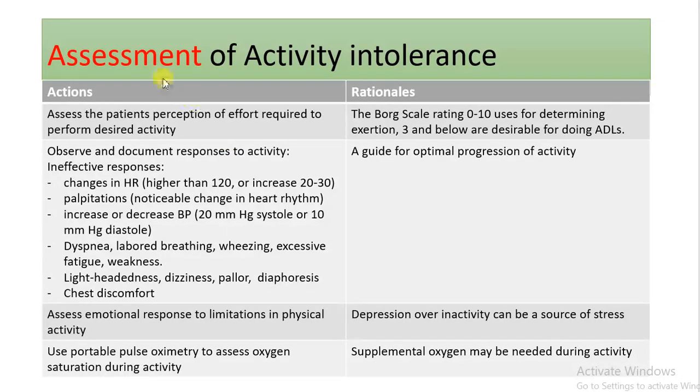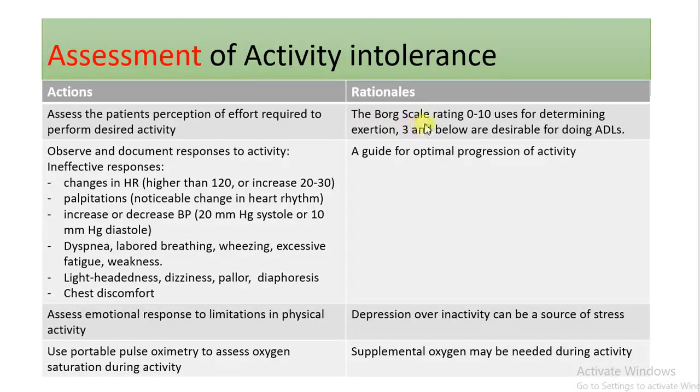In continuous assessment of activity intolerance, another action is to assess the patient's perception and effort required to perform the desired activity. If we check the patient's perception, we can put our plan together and make our goals based on the patient's perception.